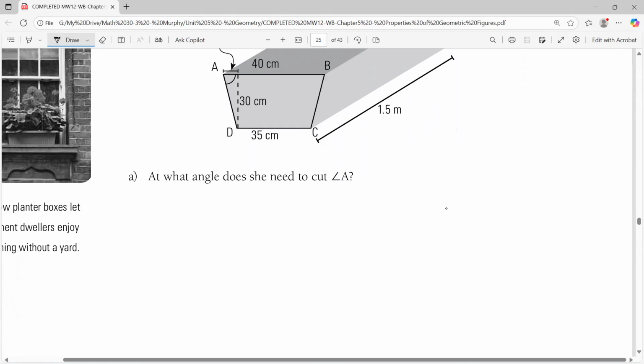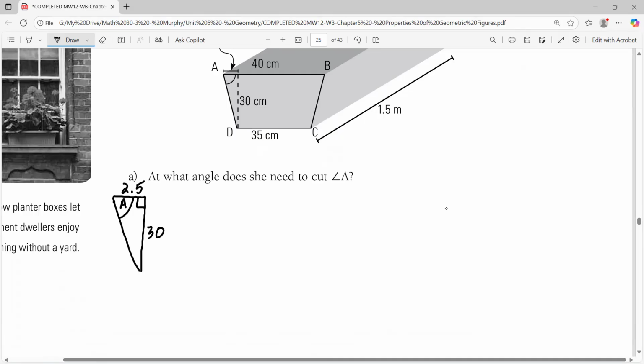And if I just pull that piece out of there and redraw it, this is a 90. That's angle A. 30. And it says the top is 2.5. Okay, so if we have a right angle triangle, we could use SOHCAHTOA.